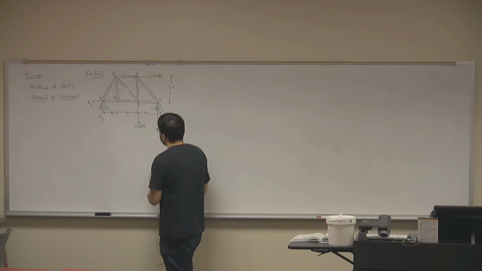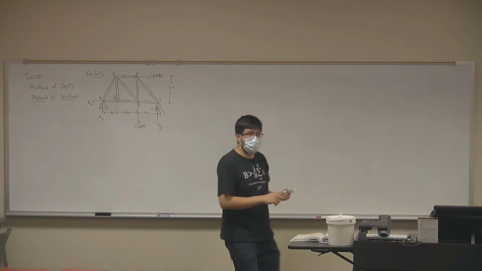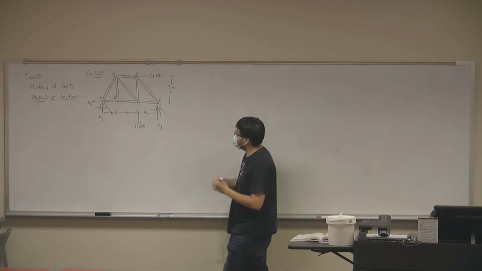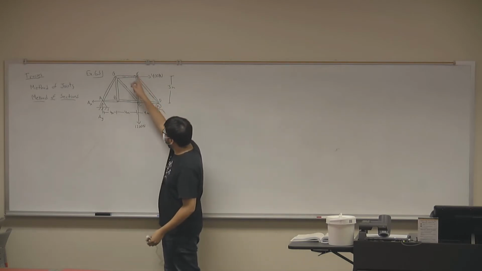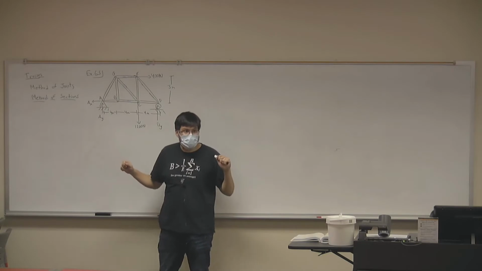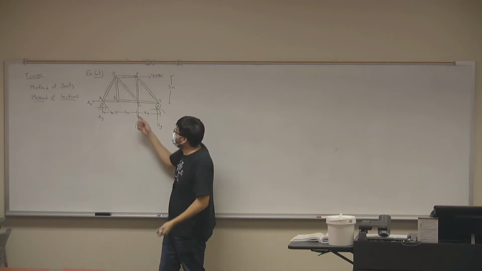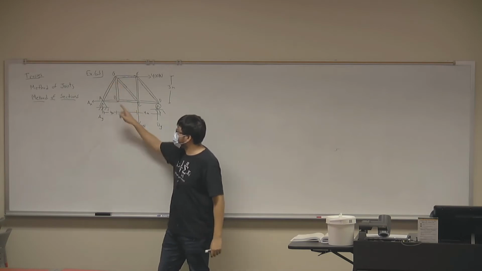Okay? If you were to use the method of joints, you would have to consider this joint, this joint, this joint, and this joint at least, right? In order to find these 3 forces. And maybe you even have to find this joint and this joint as well.